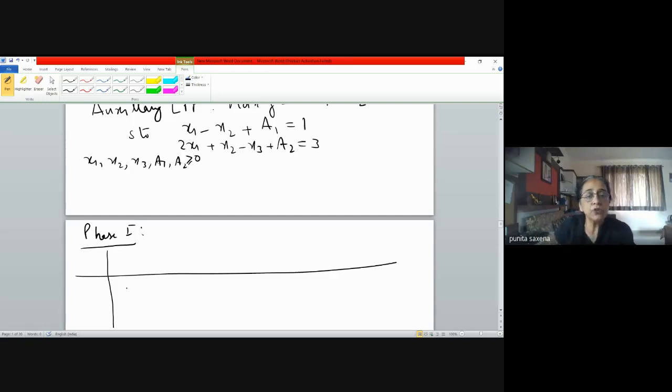What kind of solution it is going to have is obvious from the equations itself. If it's n equations with n variables, it's going to have a unique solution. But in this case, I have two equations but three variables, so definitely it is going to have infinitely many solutions.